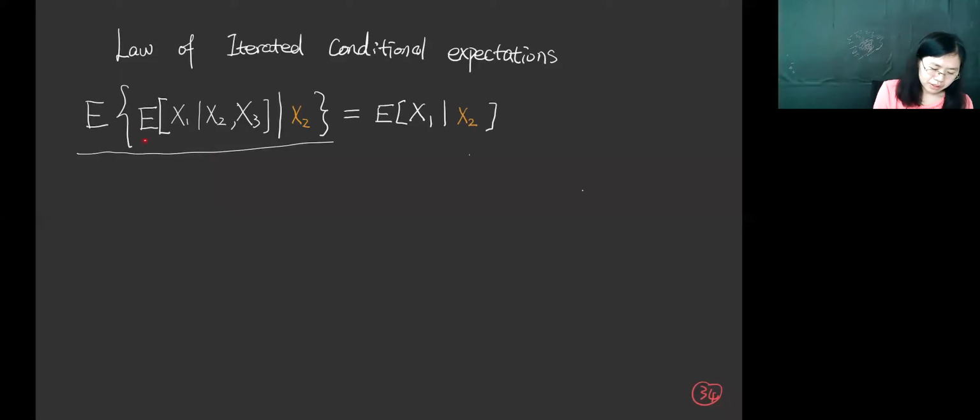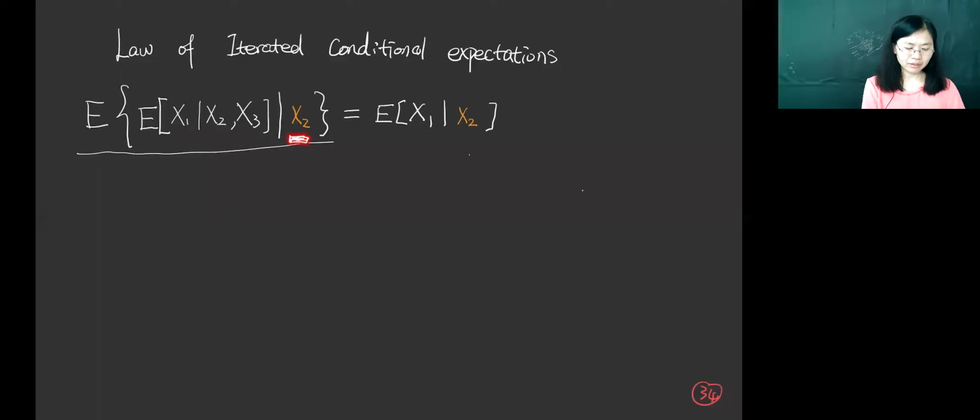So this conditional expectation is conditioning on finer information. Well, this outer expectation is conditioning on cruder information, because the outer conditioning variable only provides the information about one variable.